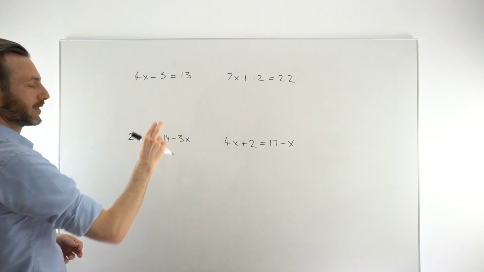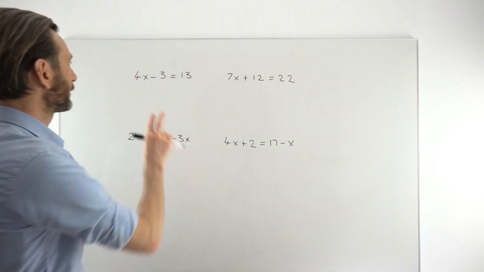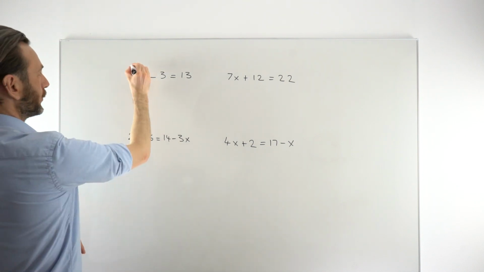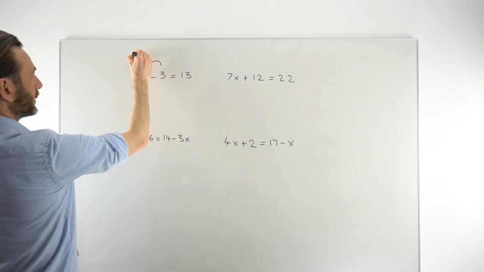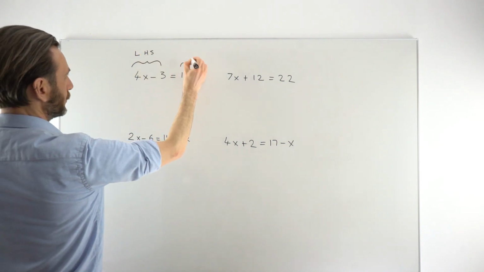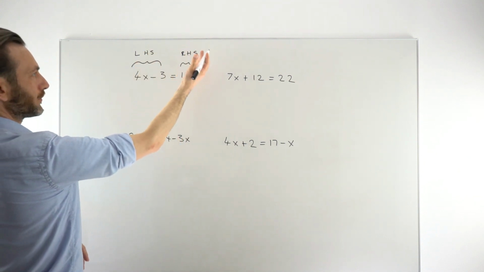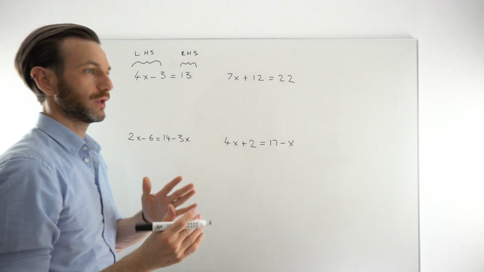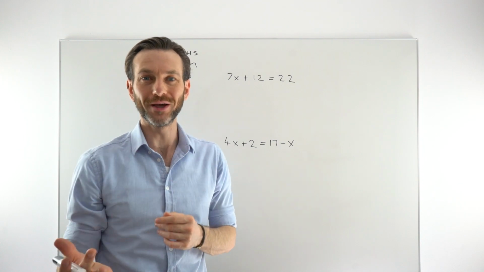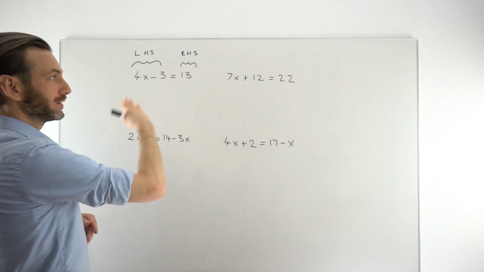And the primary rule that I cannot emphasize enough to you is that when something crosses over the equals sign, so let's call this the left-hand side of the equation, and everything over here is the right-hand side, when something moves from the left to the right or from the right to the left, it changes its sign. So a plus becomes a minus, a minus becomes a plus, or if it's a times, a multiply changes to a divide, or a divide to a multiply.